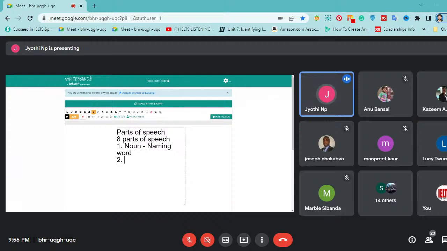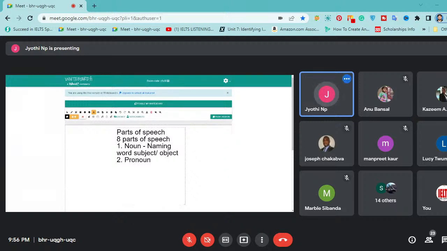The second is a pronoun. Now, usually the noun can come either as a subject or as an object, that is in the predicate. It can come in both parts of the sentence, subject and object.